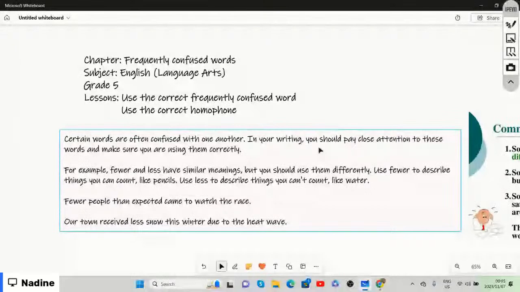And the lessons that we will be focusing on today under the chapter of frequently confused words are to use the correct frequently confused word and to use the correct homophone.